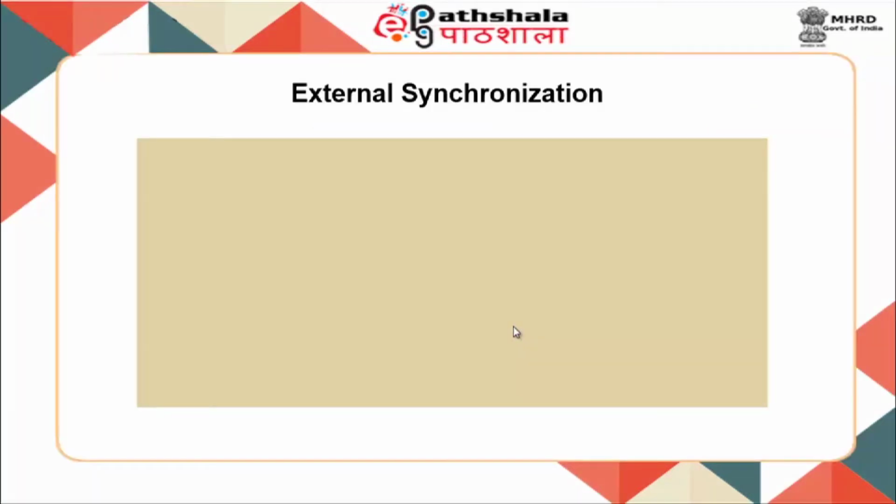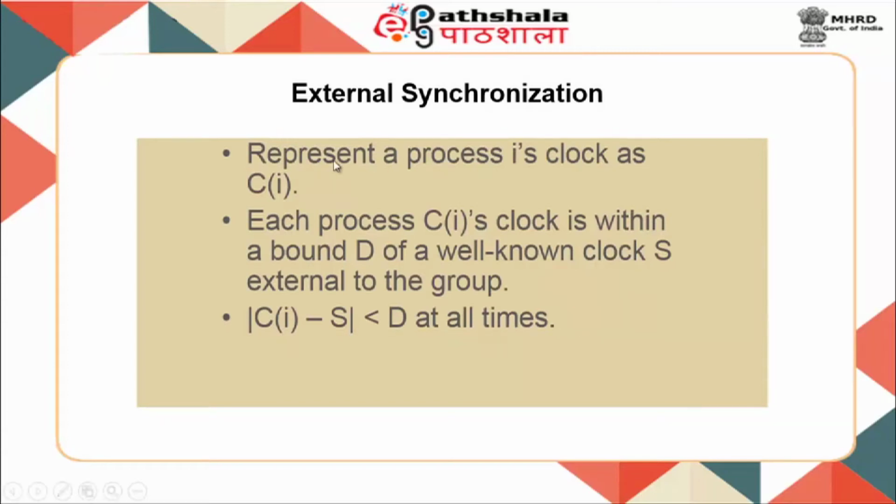So, first we are going to look at external synchronization. We represent a clock using a value C_i, where i is the number of the process for which we are stating the clock value. So, each process's clock value should be within a specific bound from the well known external clock.